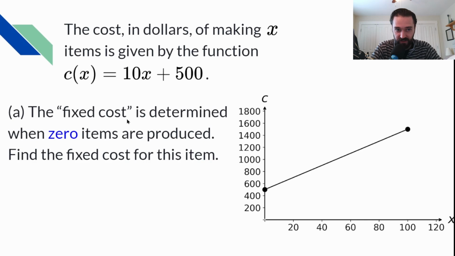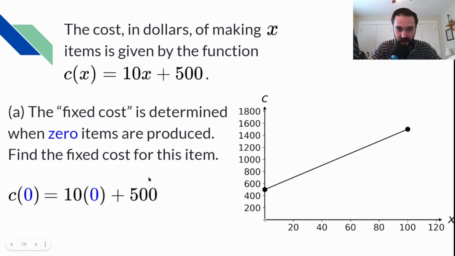So the fixed cost happens when we plug in 0 into this function. So let's just do that and see what we get. Let's plug in a 0 and find out what the output is. C of 0 equals 10 times 0 plus 500. 10 times 0 is just 0, so 0 plus 500 equals 500.